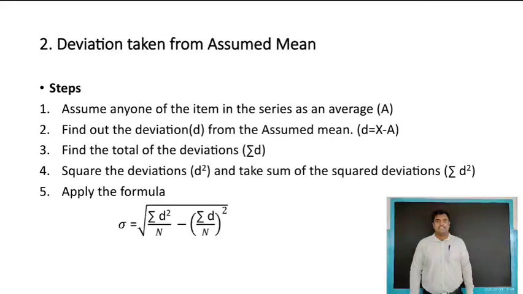Later we take the total of deviations, that is sigma d. We square the deviations in the next step, that is d square, and take the summation, that is sigma d square. Finally, we apply the formula: standard deviation is equal to the whole root of sigma d square divided by n minus sigma d by n whole square.